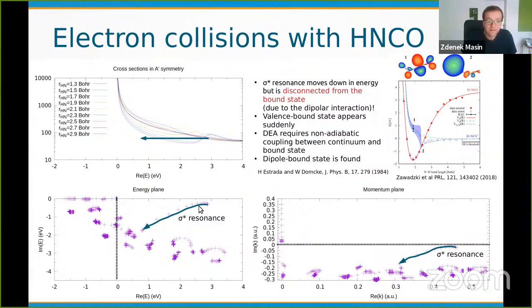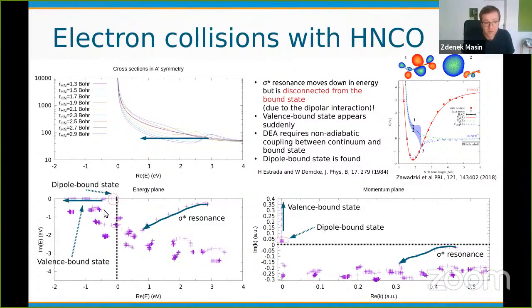So you see that as the bond length between the hydrogen and the carbon is stretched, the resonance actually disappears in the continuum, but it does not become a bound state. The bound state appears actually as a completely disconnected state. It's disconnected from the trajectory of the resonance.